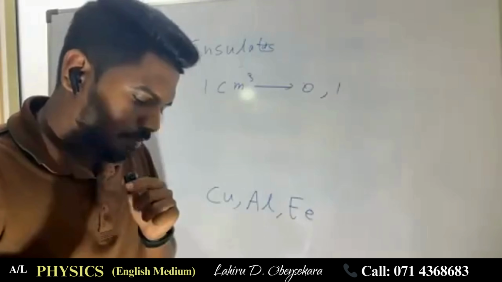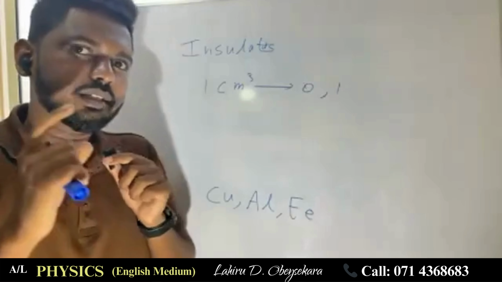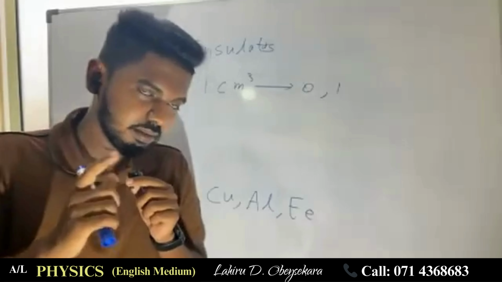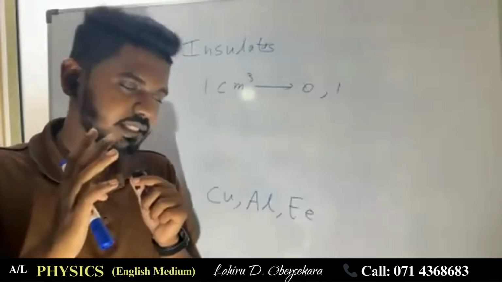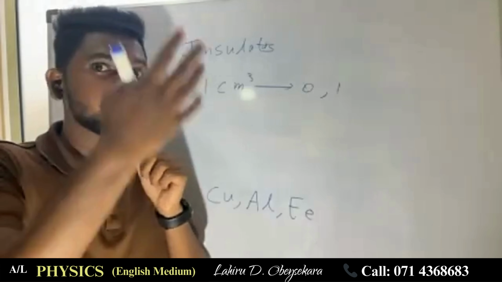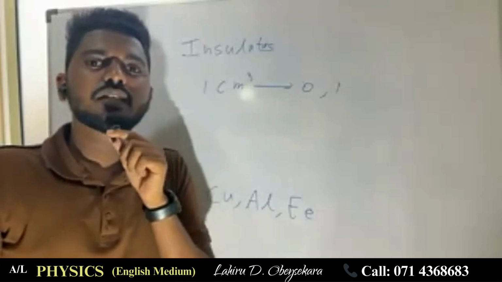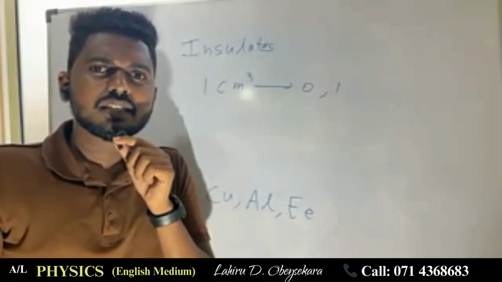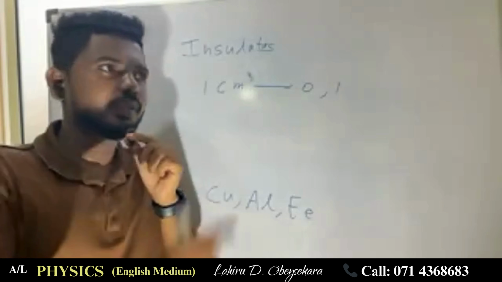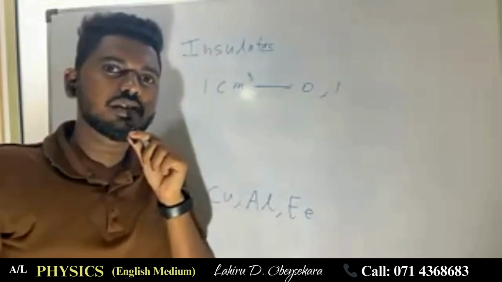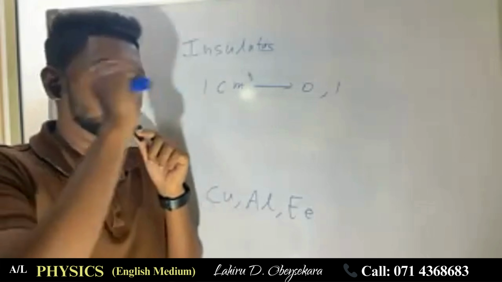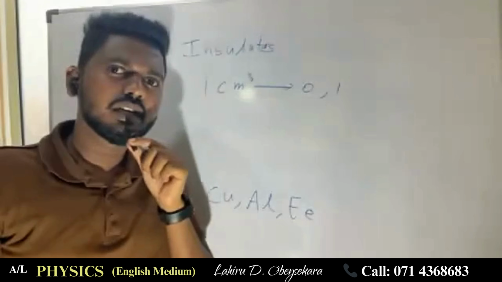Usually, glass, then plastics, rubbers. Our atmosphere is also an insulator. What happened if our atmosphere is a conductor? Usually our current lines in our Ceylon Electricity Board are near our roads.